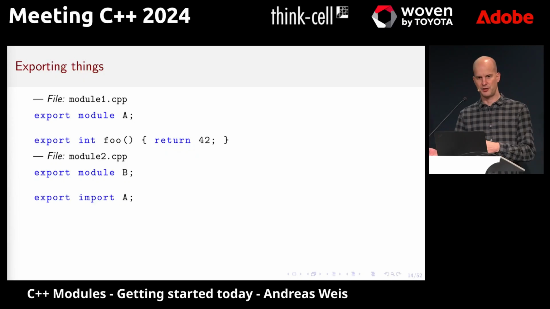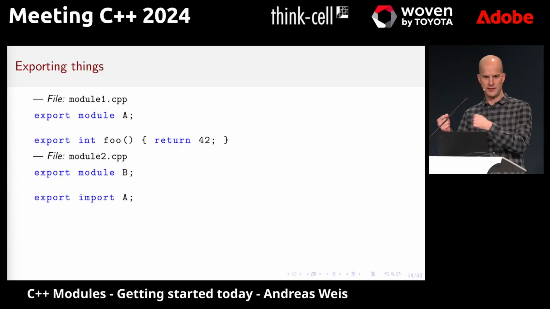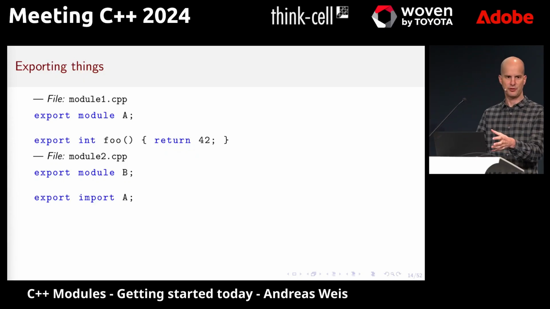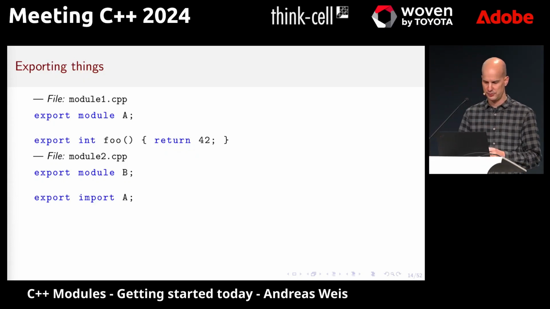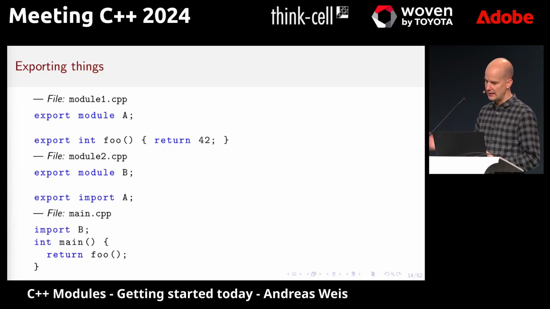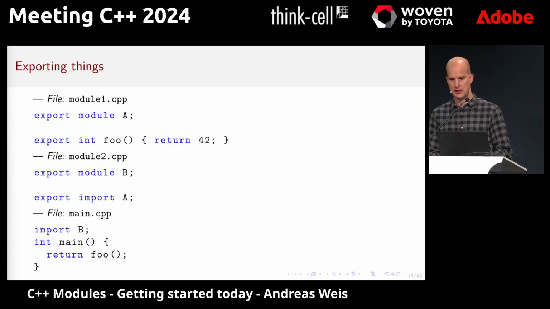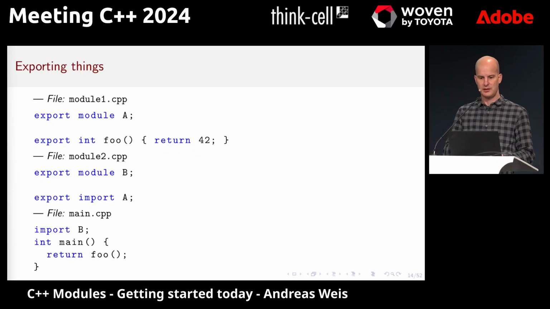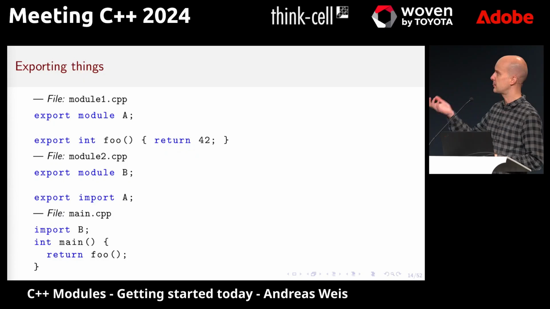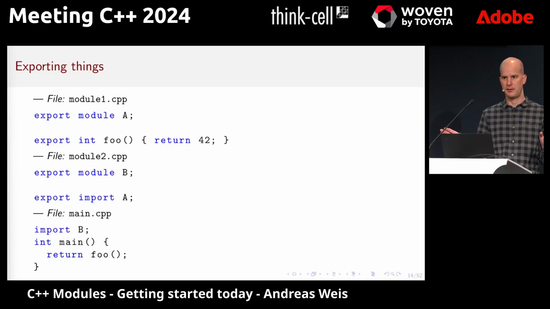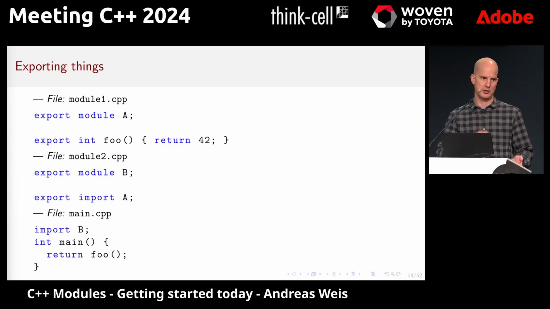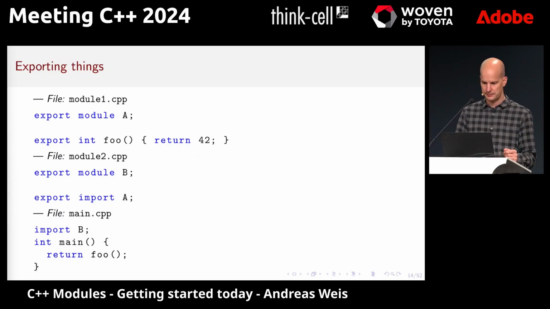And now export-import simply says, okay, all of these things imported from A, I now also want to export them as part of my own module. And to a client, if they import B, they can use the things that were exported by A without knowing anything about A, right? So it's exported as if it was declared inside B here.